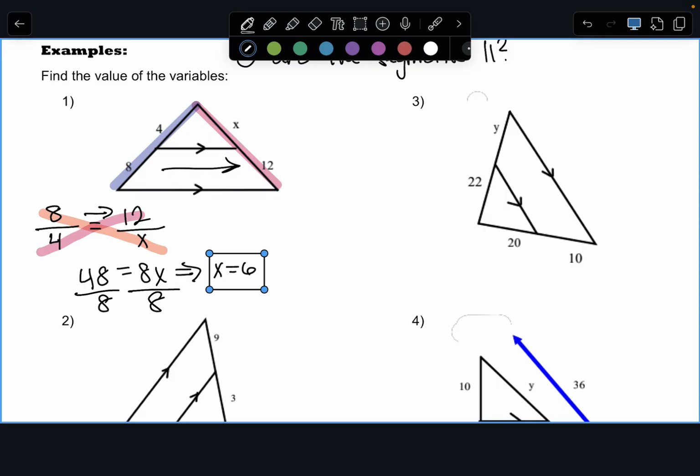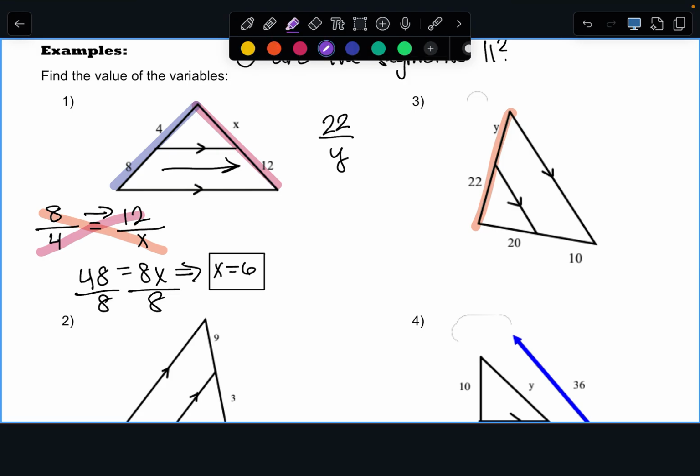Okay, for this one, if we looked at the left side first, our parts were 22 and y. So I put part over part. Does not matter which one you put on top or bottom, as long as you keep it consistent for the other side. Okay?